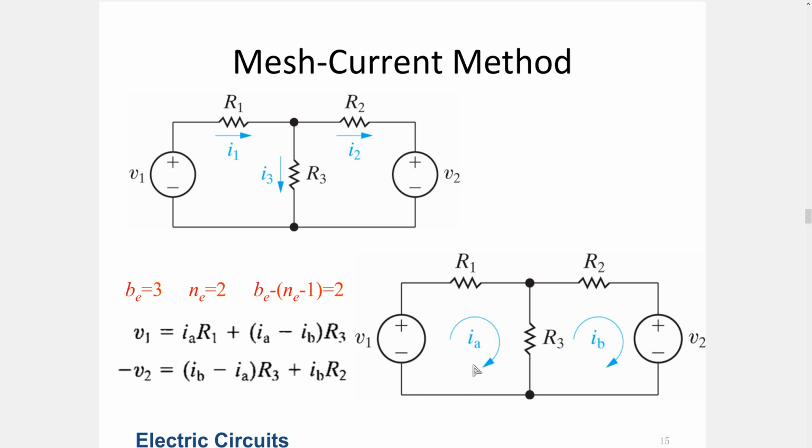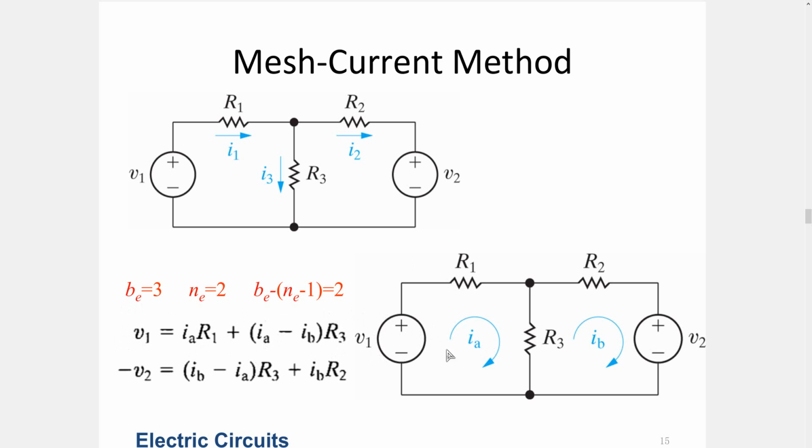So here, minus V1 plus IA times R1 plus IA minus IB times R3 should sum to 0. And if you move V1 to the other side, you are going to get this equation.